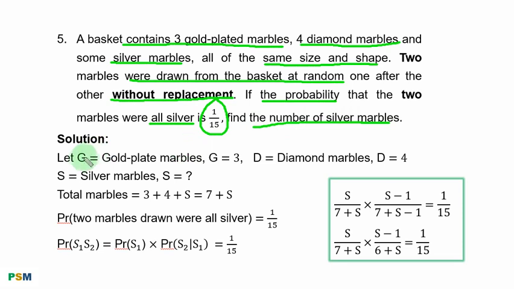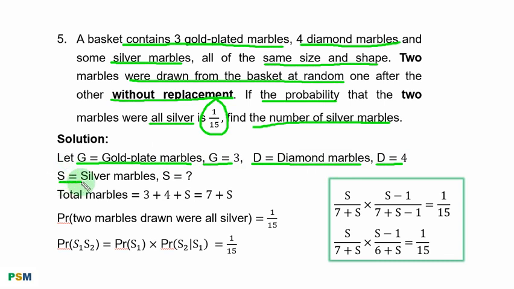Solution: let G equal to gold plate marbles, they are 3 in number. D equal to diamond marbles, they are 4 in number.